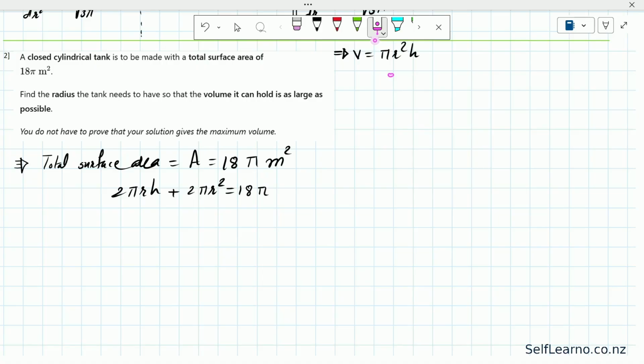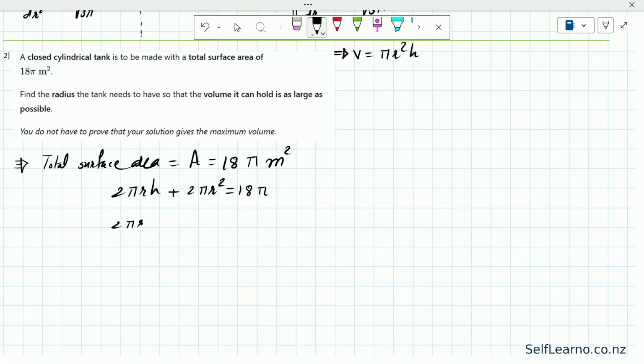But I do not prefer to eliminate r, because to obtain r is equal to something is a real difficult task, because basically this is a quadratic in r. You will not be able to isolate r over here, but you can easily obtain h in terms of r. So let us do that.